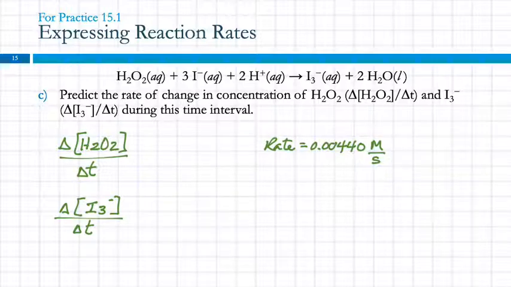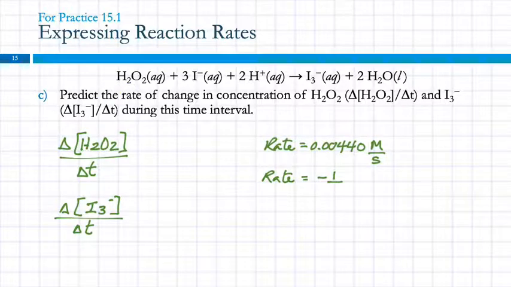If we express the rate in terms of the H2O2 concentration, the rate is going to equal negative 1 over the coefficient, right? Negative 1 over, what's the coefficient?